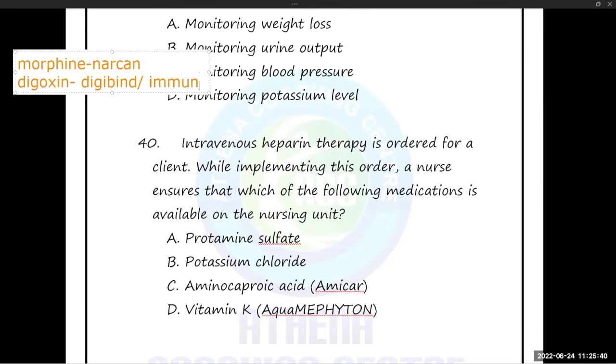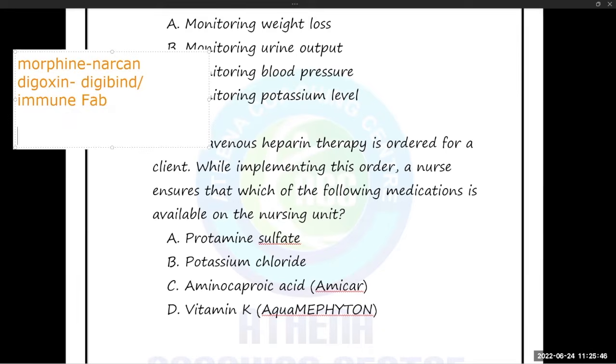It's Immune Fab. Okay. Next, iron. So you can make a note. What is the antidote of iron? Desferal, or deferoxamine. Okay.